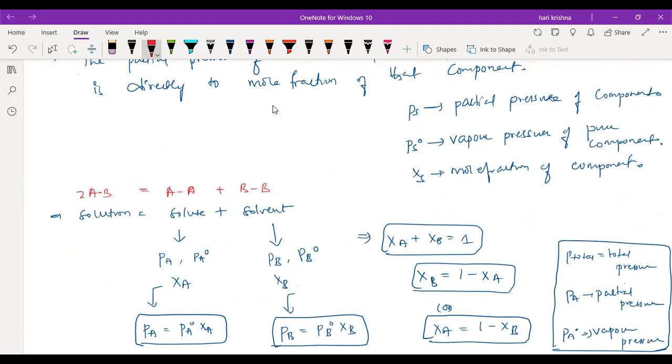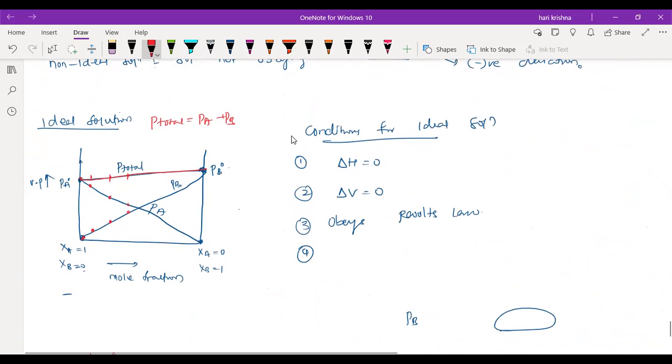See, A A will have a type of intermolecular force. A and A binding means they have an intermolecular force, either an ionic bond or a covalent bond. B and B also bind, with one type of intermolecular force. So this A A and B B intermolecular force should be similar to the AB type of intermolecular force. Then only it will obey the ideal condition.